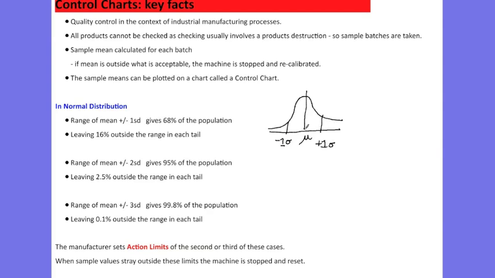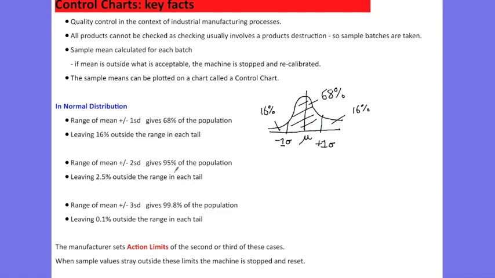So here in the middle, we will have 68% of the distribution. Here it's saying that that leaves 16% outside the range in each tail. So here we have 16% above, and here we have 16% below. And this is the range of a mean plus or minus 1 standard deviation.